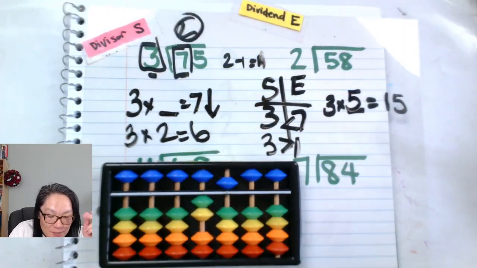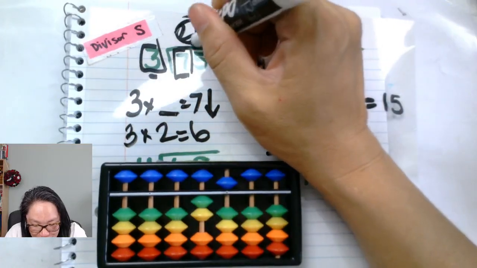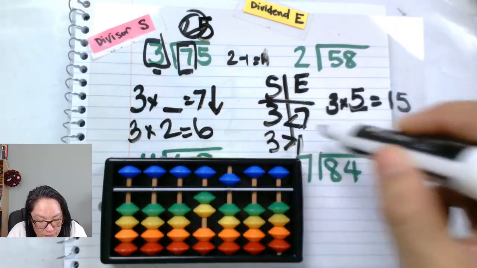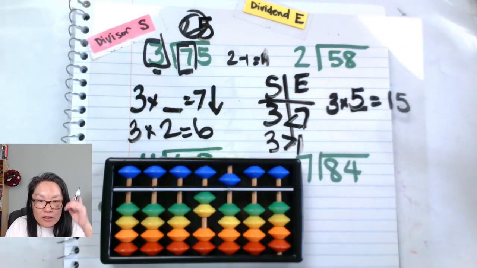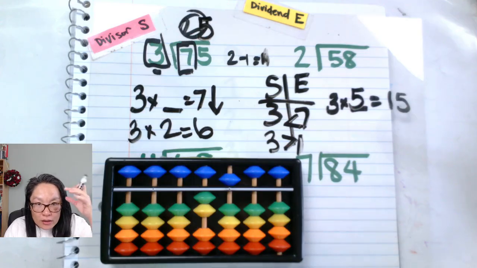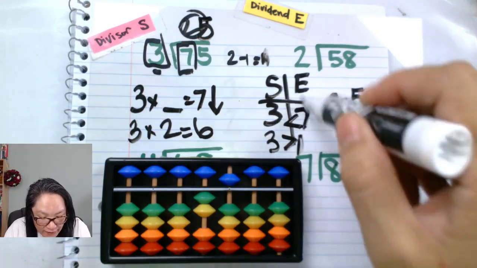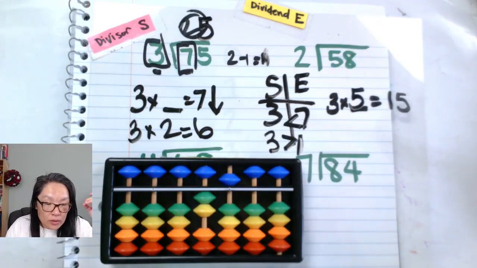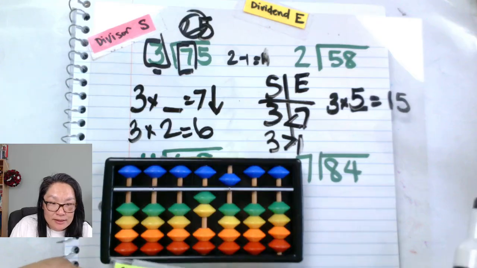So, just as Money mentioned, the answer is 25. Does that make sense? So it's a little bit more involved. We're having a conversation with our questions, but as we have a conversation with our questions, we know more about the numbers. Does that make sense?